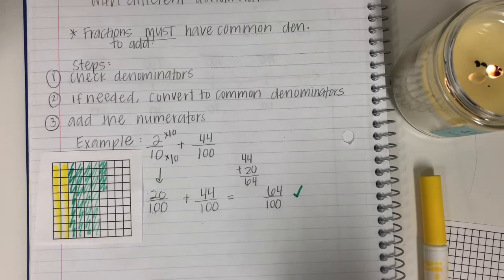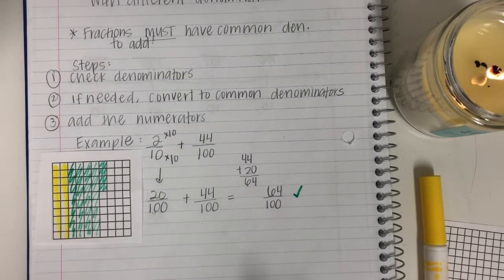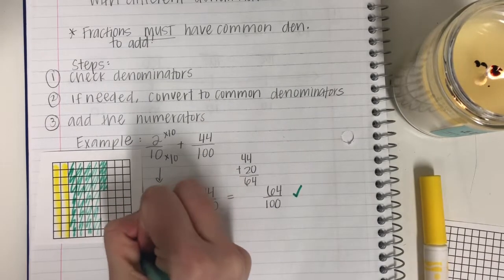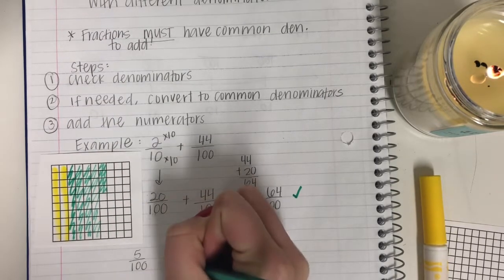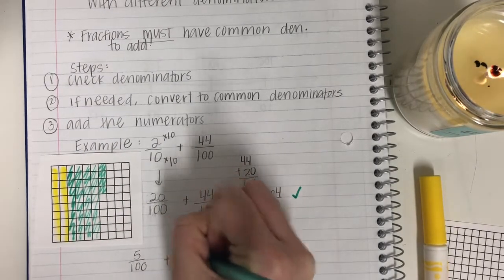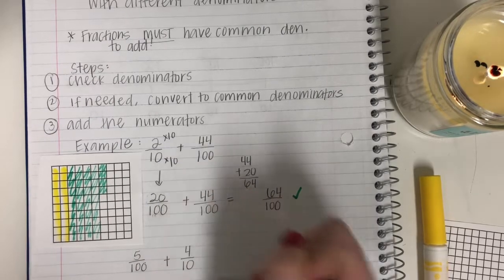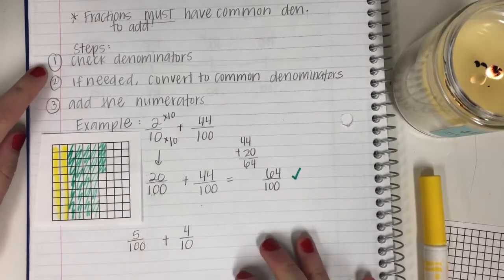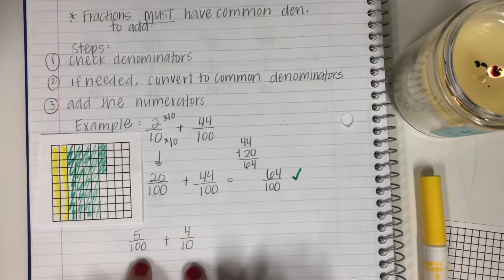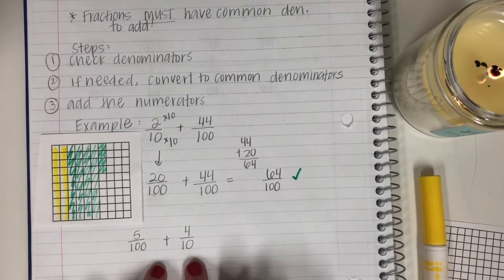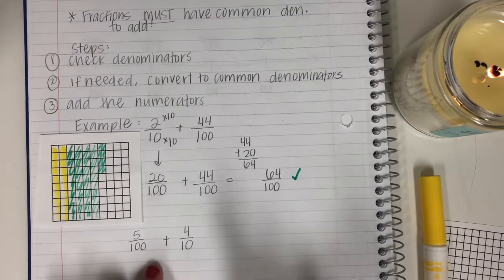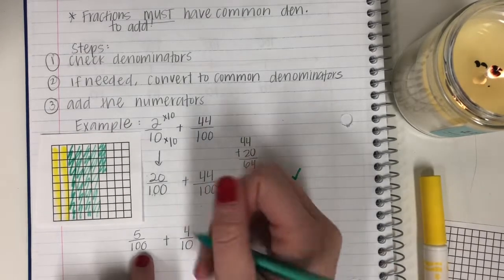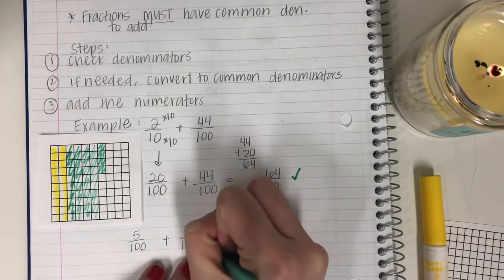Okay, let's do another one. Why don't we do 5 over 100 plus 4 over 10. Step 1 is to check the denominator. The denominators are different, so I can't just add across. I have to convert my 10s to 100. So I gotta think, 10 times what is gonna give me 100? Well, 10 times 10.